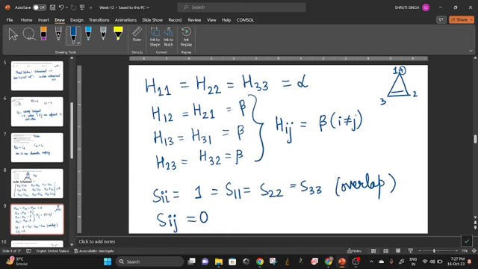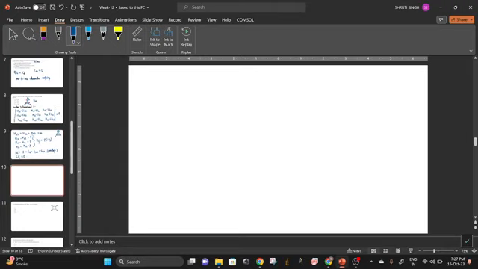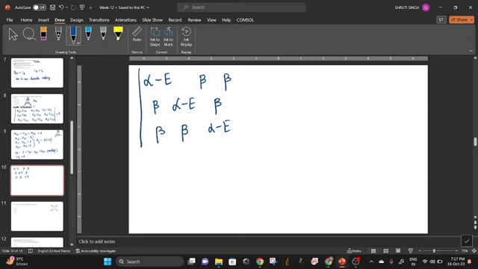So let's put these values in the secular determinant. It will be alpha minus E, beta, beta; beta, alpha minus E, beta; beta, beta, alpha minus E, equal to 0.